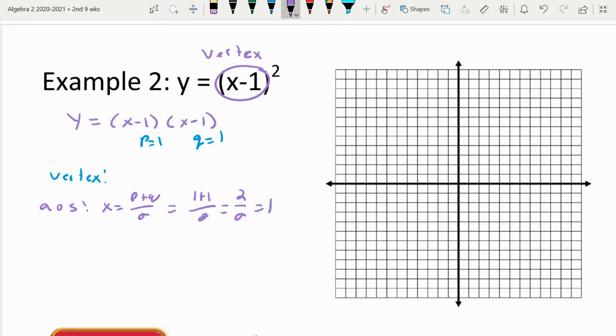All right, so for my vertex, I got 1 in the x coordinate. Okay, plug this 1 in here. So what is 1 minus 1? 0. What's 0 squared? 0. So there's my vertex there.